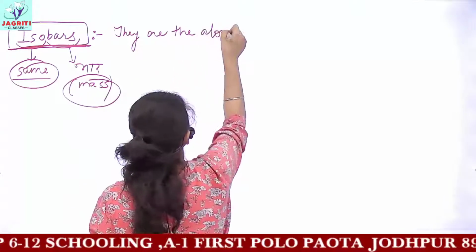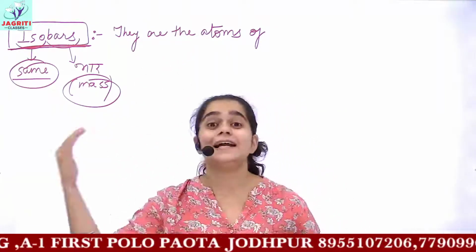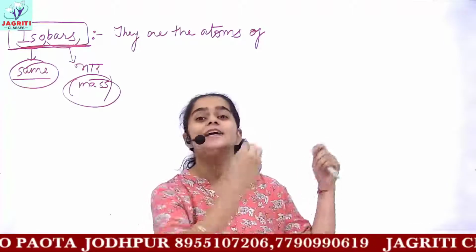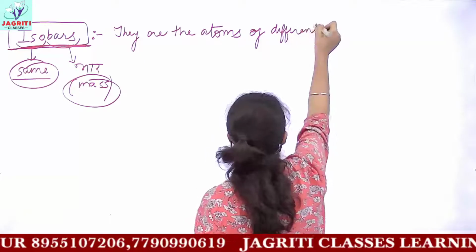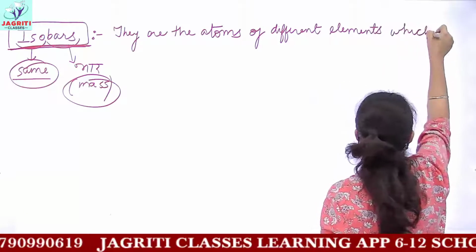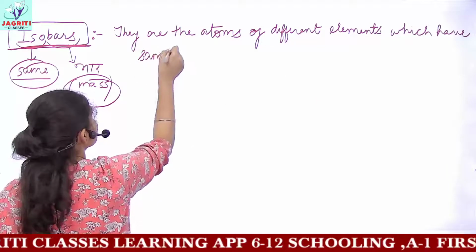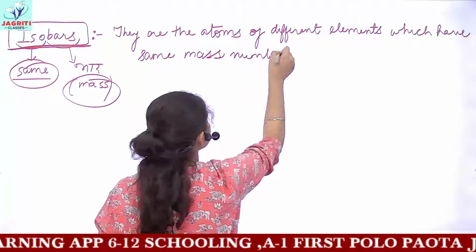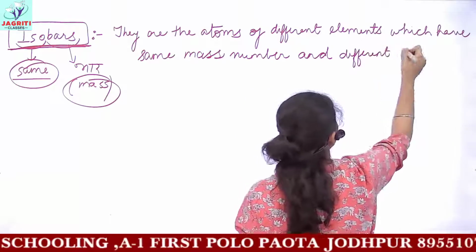atoms of different elements. Remember, in isotopes, I wrote that they are the atoms of the same element. That is, everywhere we had the symbol carbon or everywhere we had hydrogen. But here, these are the atoms of different elements which have the same mass number, as I already told you, and different atomic number.